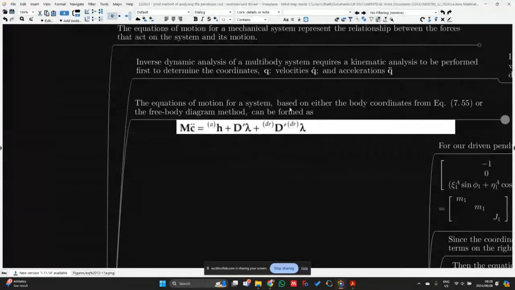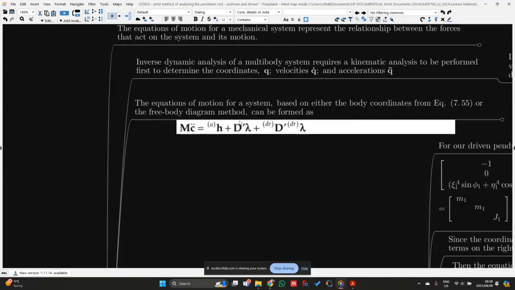Now the equations of motion for a system based on either the body coordinates from equation 755 or the free body diagram method can be formed using this equation over here, and this is something that we looked at, I think, under section 4 as well. So we have M C double dot, M being our mass matrix, and C double dot our acceleration vector, which is then equal to H A. So this denotes our applied forces, and then we also have these Lagrange multipliers over here, which relate to the reaction forces.